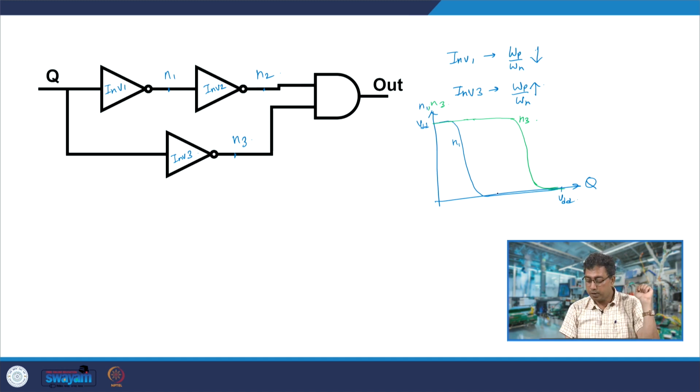And suppose this is VDD by 2, which is close to the inversion threshold, V inversion, of balanced inverters.